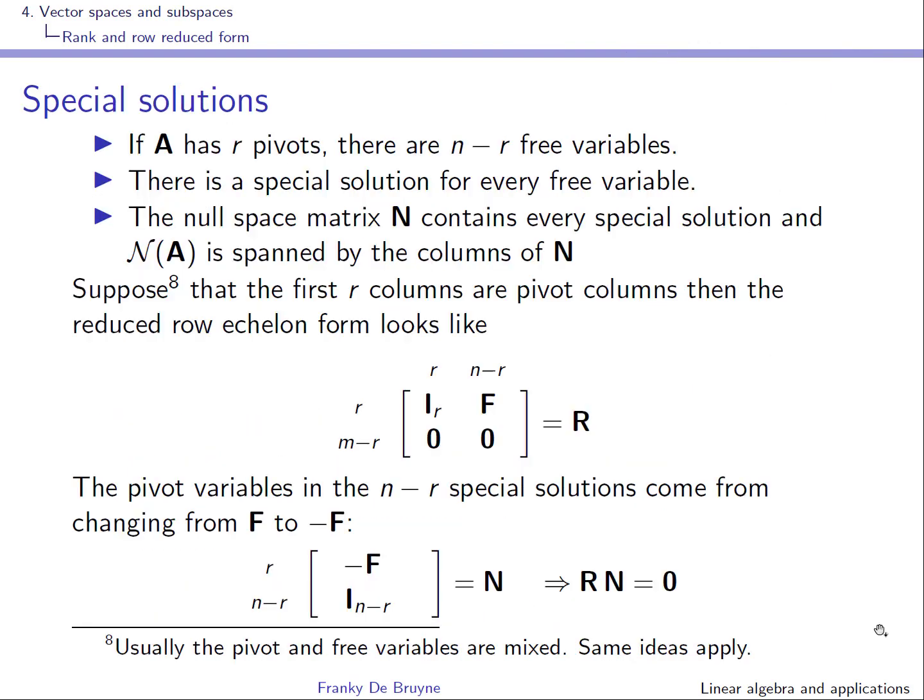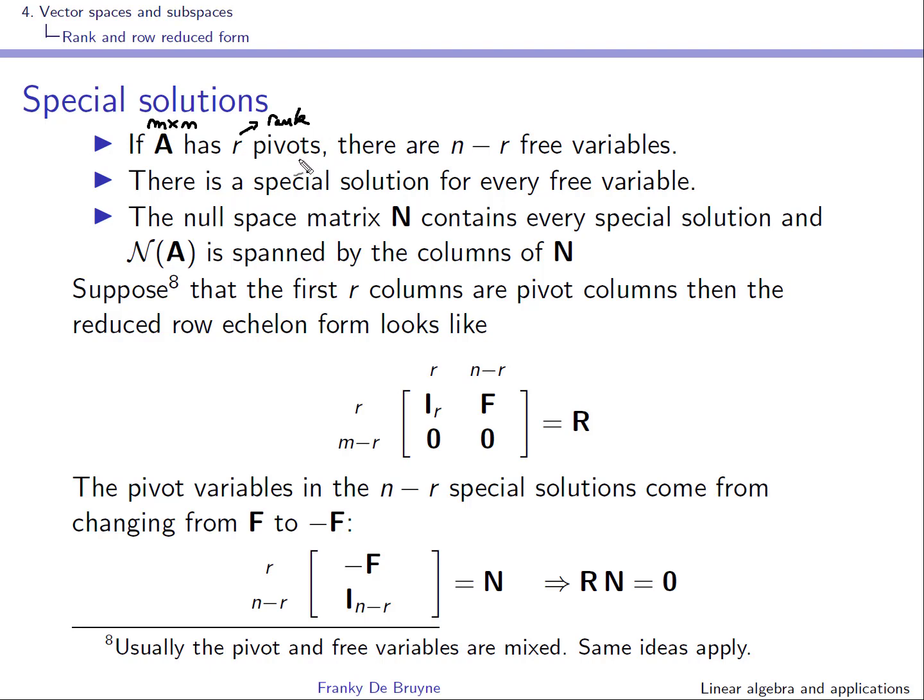So we would like to find a way of finding the special solutions in a systematic way, so that we can find the null space in a systematic way. So our matrix A is such that it is M times N. It has R pivots, so R is also the rank of the matrix.